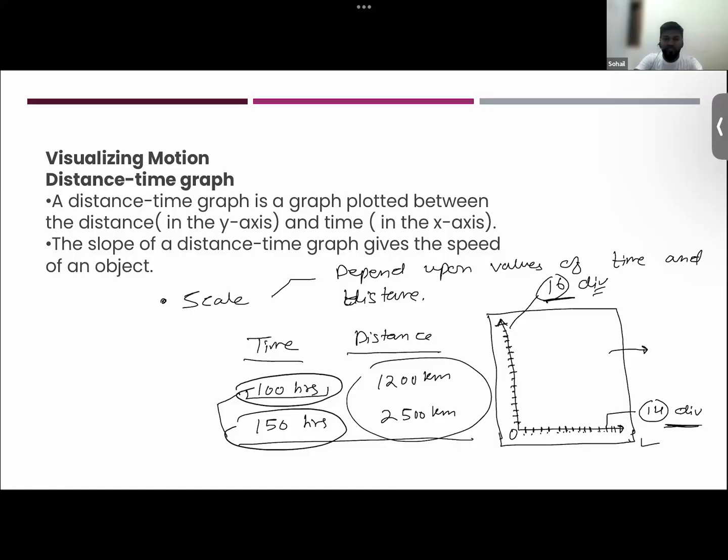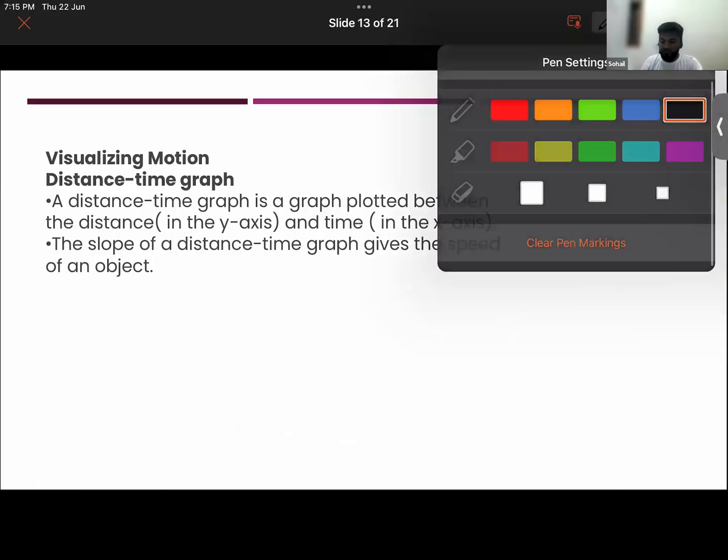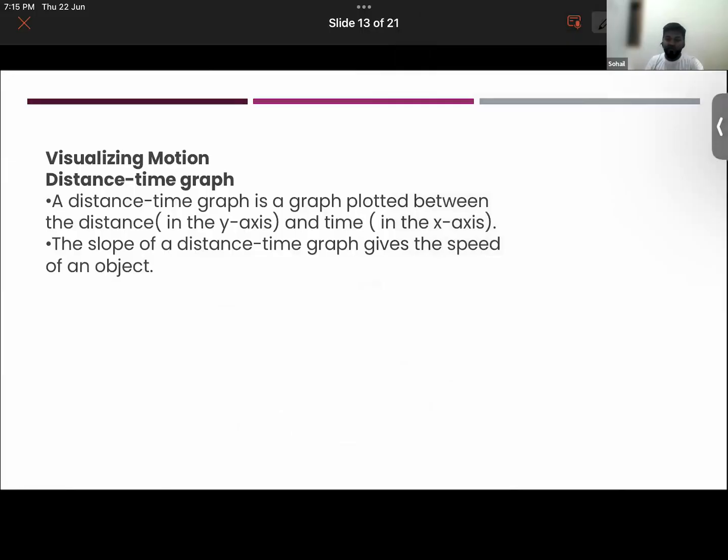All right. Now the question is, what are the advantages of these time and distance graphs? If you're studying something, there must be some advantage of it. The first advantage of the distance time graph is that the variation of distance traveled by an object with time can be seen more easily from a distance time graph than from the values given in table form.